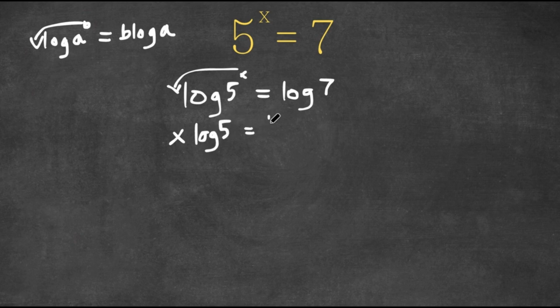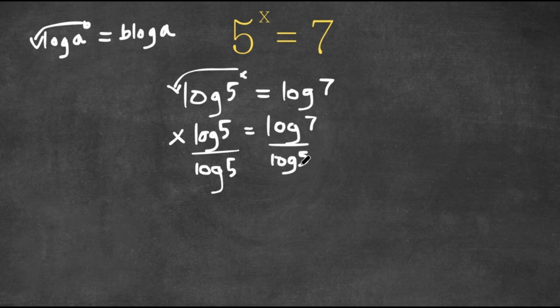And this is equal to log 7. Now, I actually want to isolate x because that's the thing we want to find the value of. So I'm going to divide by log 5 on both sides to get rid of the log on this side and to move it to the right side. So now for our left-hand side, these two cancel out.